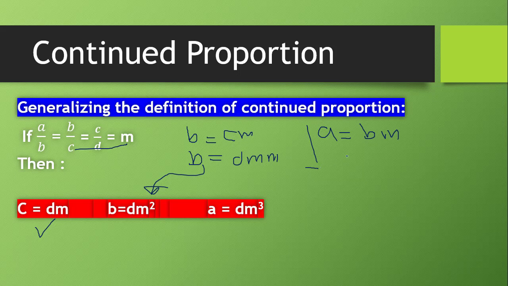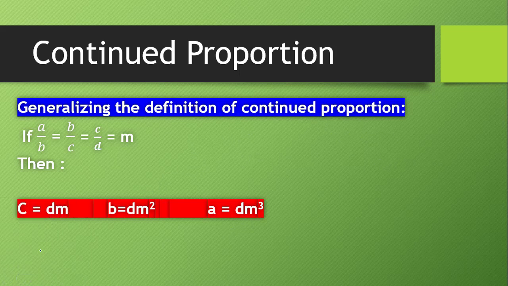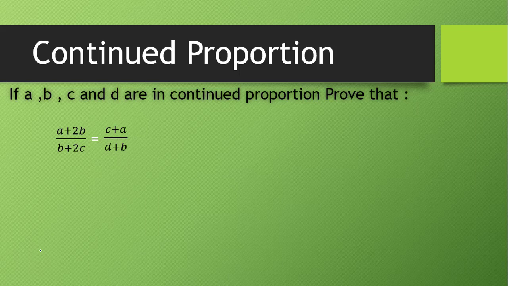So I write instead of B, dm power 2, and I still have another m. So A equals dm power 3. And these relations, we will use in some proofs. So generally in continued proportion, C equals dm, B equals dm power 2, and A equals dm power 3.